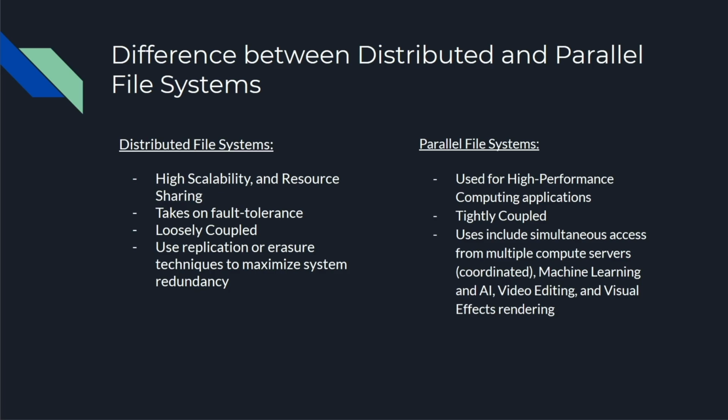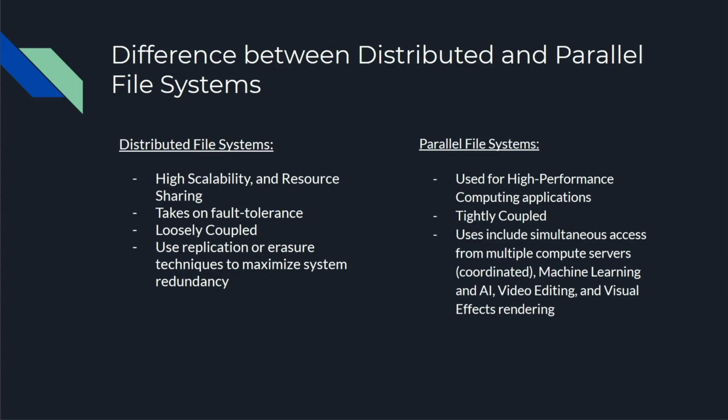A distributed file system is loosely coupled, meaning that software and hardware are independent of each other, so that if hardware fails, the software will still continue to run as normal. This is because distributed file systems use replication or methods such as erasure techniques to maximize system redundancy.